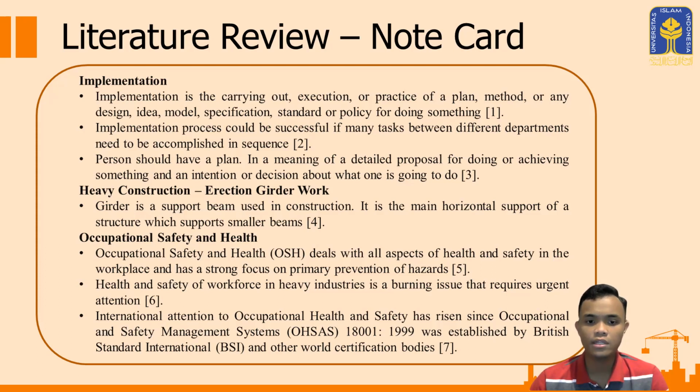International attention to occupational safety and health has risen since the occupational health and safety management system standard, OHSAS 18001, was established in 1999 by the British Standards Institution and world certification bodies, refers to reference number seven.